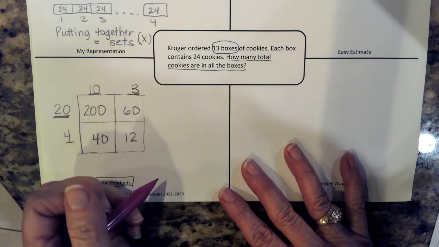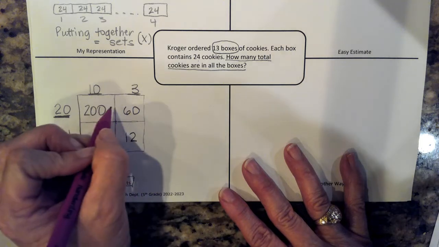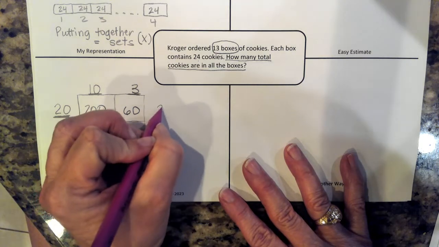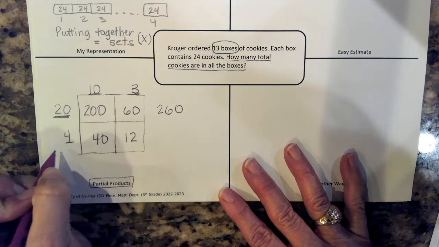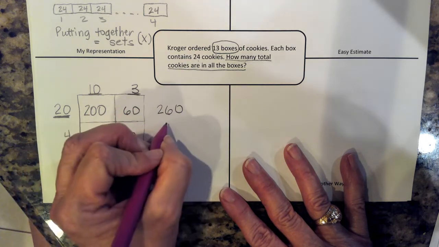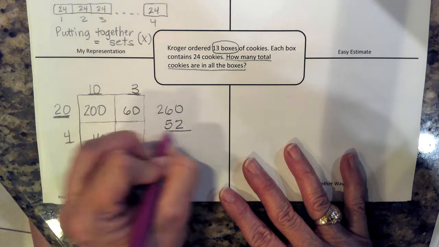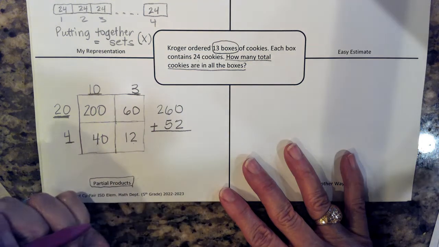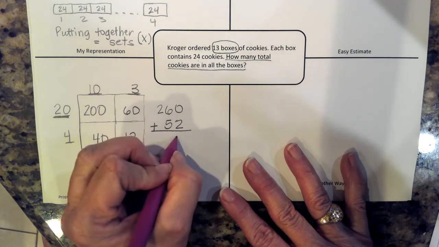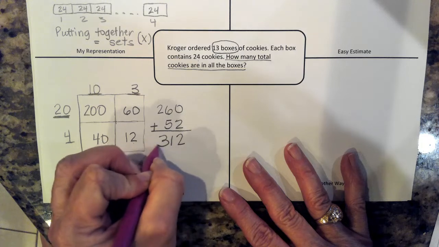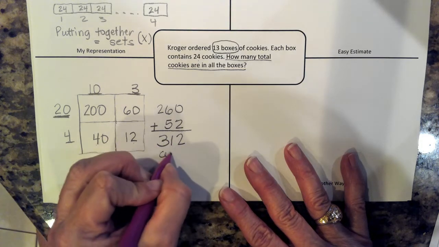Now that I have all these partial products, I'm going to put them together to get 200 plus 40 plus 60 is 300, and 40 plus 12 is 52. So I can put those together to get one final answer of 312 cookies.